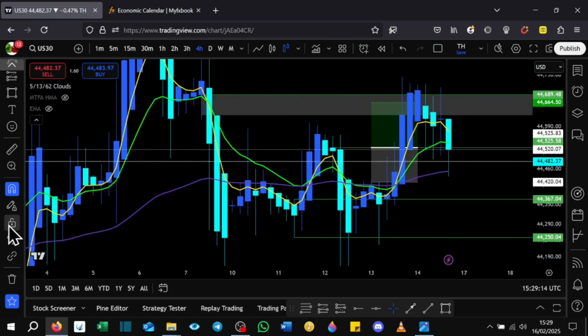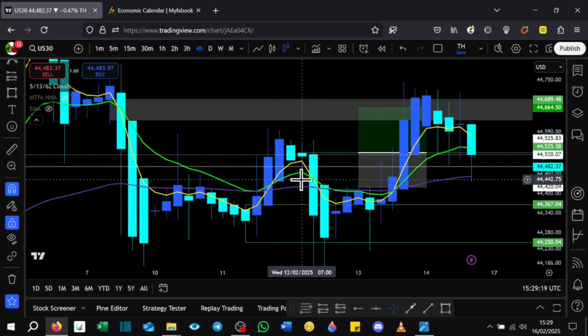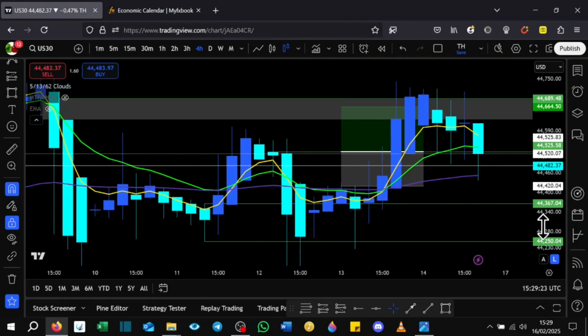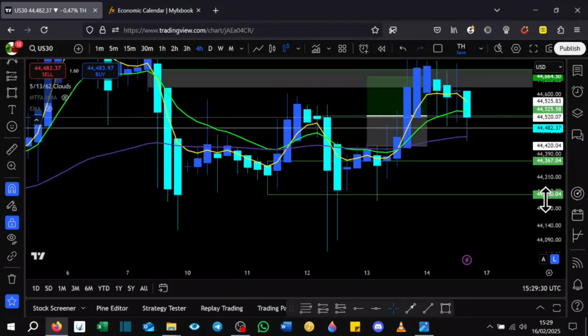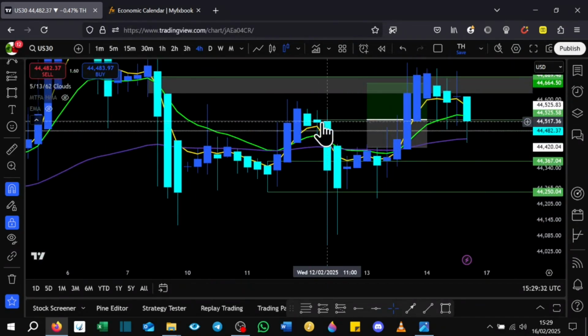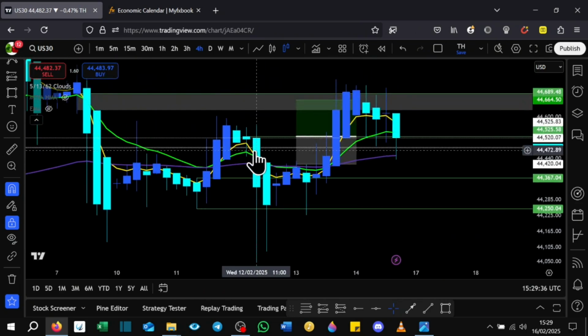However, this one stopped me out because of a news event. I can't remember what time the news event happened, but can you see this candle just slammed straight through my stop loss? It's taken out all these guys down here, so I got stopped out of this trade.